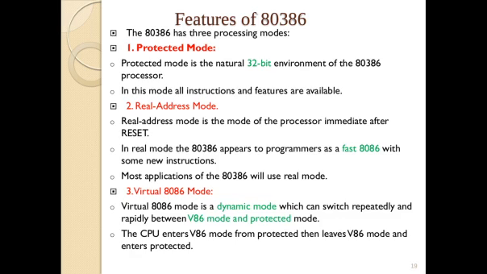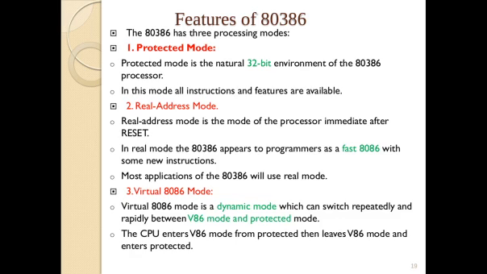The CPU enters virtual 8086 mode from protected mode and then leaves virtual 8086 mode and again enters protected mode. So these are the 3 different modes available in 80386, using which we can execute various applications.